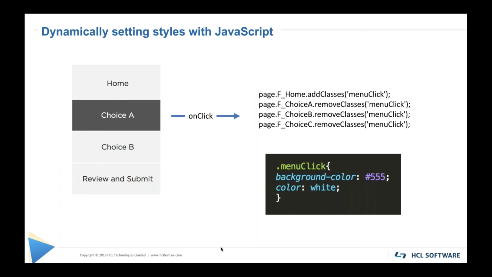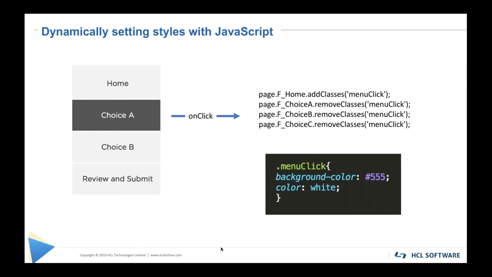So I've got a menu on the left-hand side of the app, and everything in the menu is styled initially, and then what I'm doing is on click, I'm styling the item that you click so that the text is white and the background is dark. So that gives you an indication that that's what I selected.